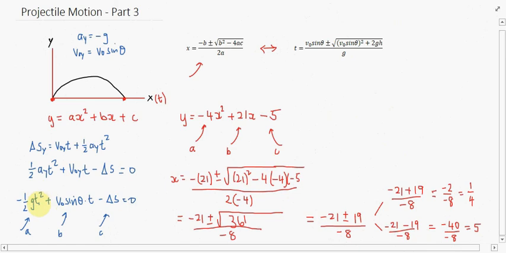So if I wanted to find t, I could use the same quadratic equation except replace x with t.